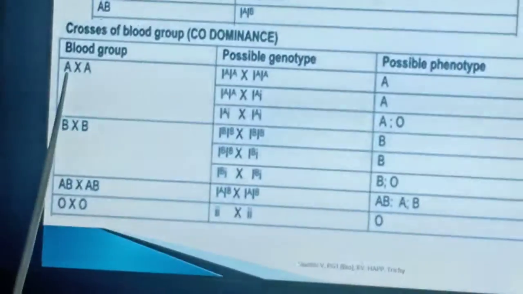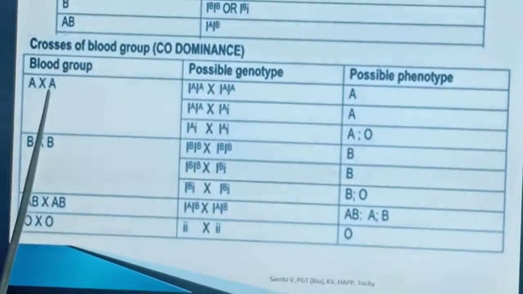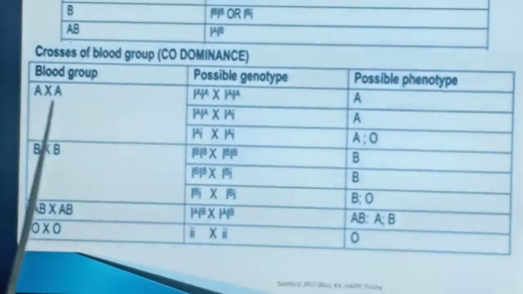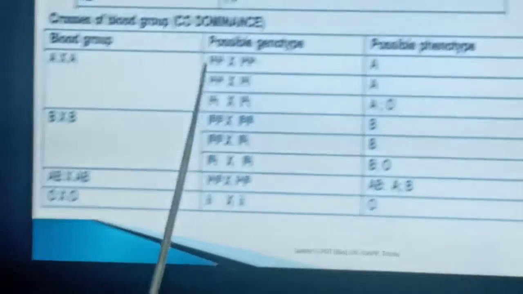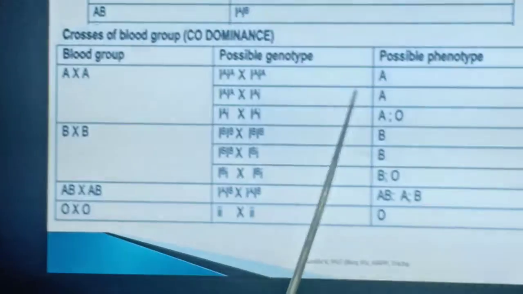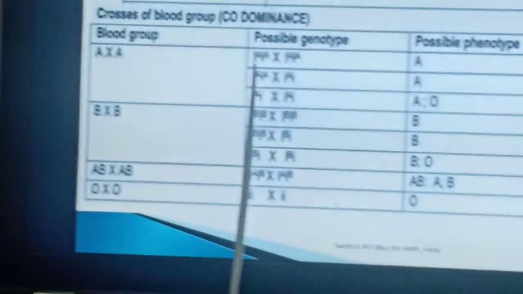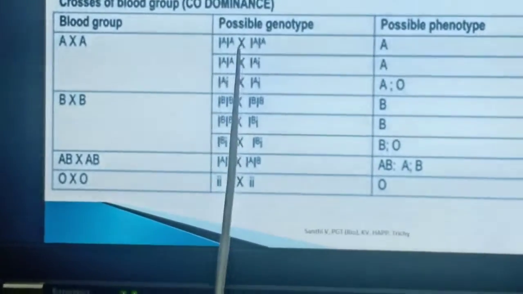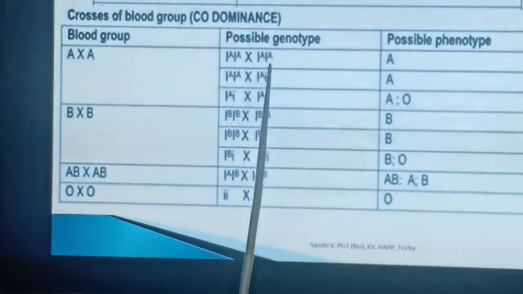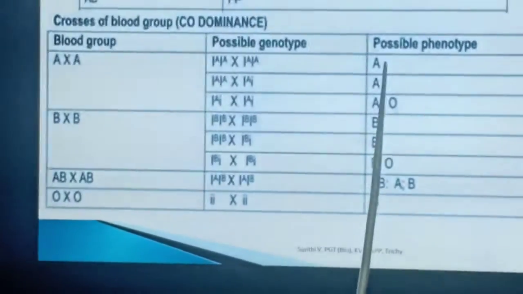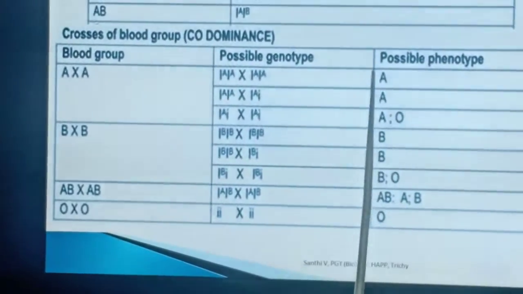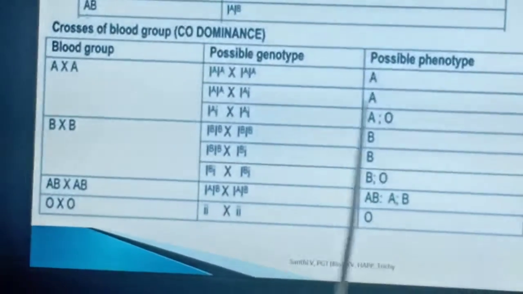When we cross an A blood group person and a B blood group person, male and female, the children are produced according to the possible genotypes. If both are homozygous, IA IA and IA IA, there is a chance of producing only A blood group children. There is no chance of other offspring at all.